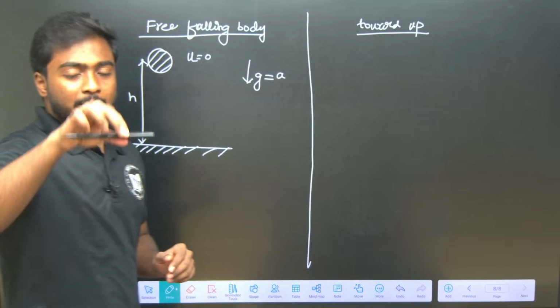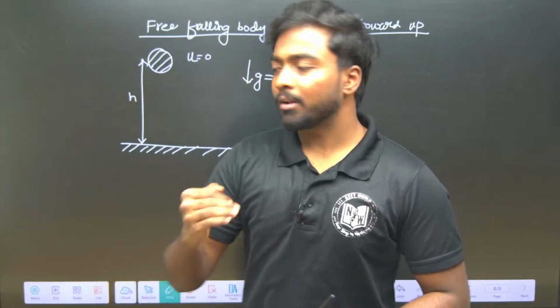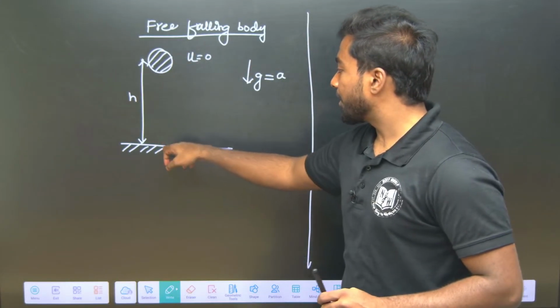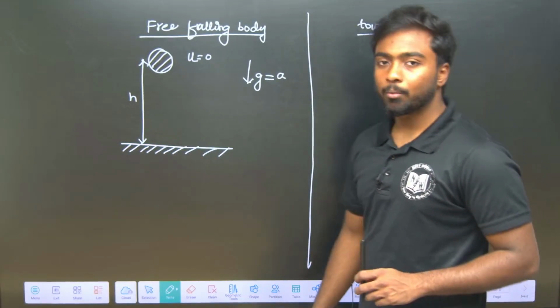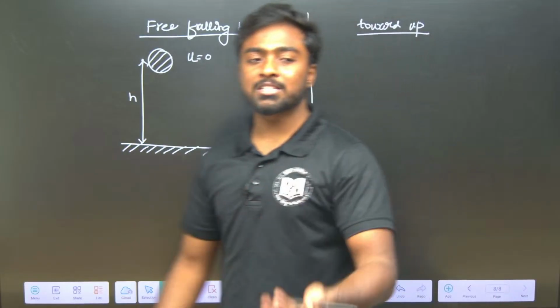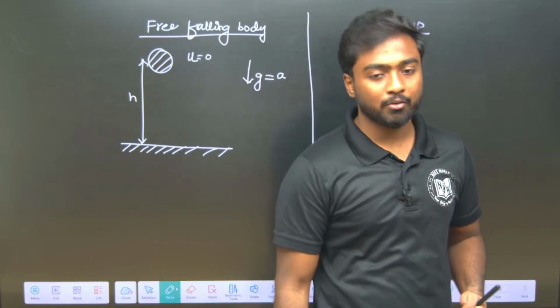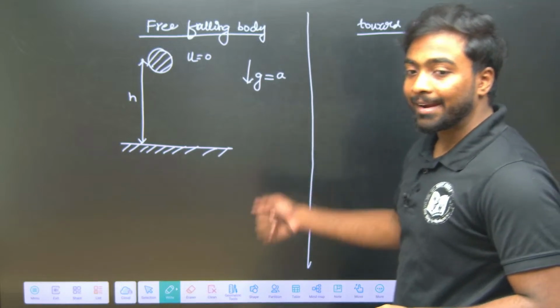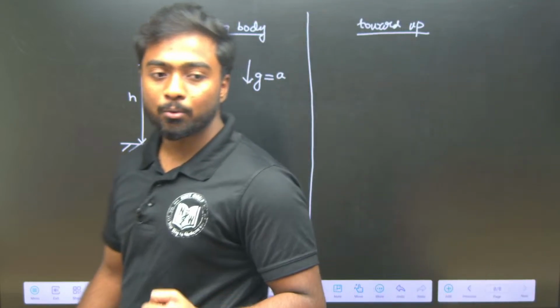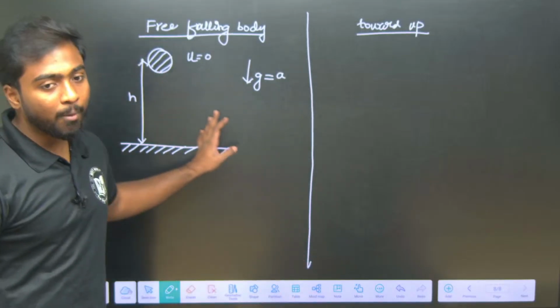What will be the velocity of the object when it reaches the ground, and how much time will it take to reach? That also I need to find, so that I can use the kinematic equations to get the unknowns of the given problem.